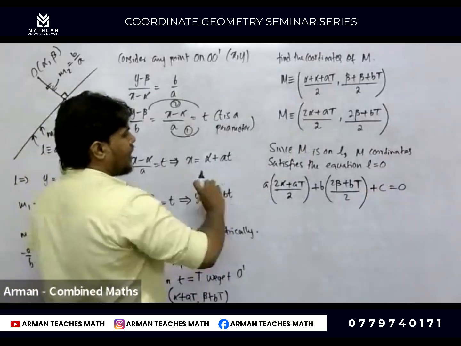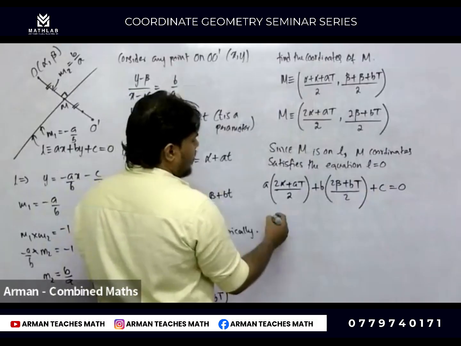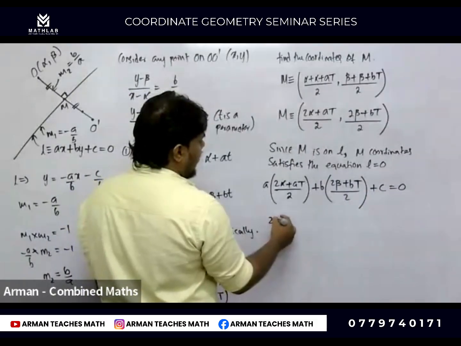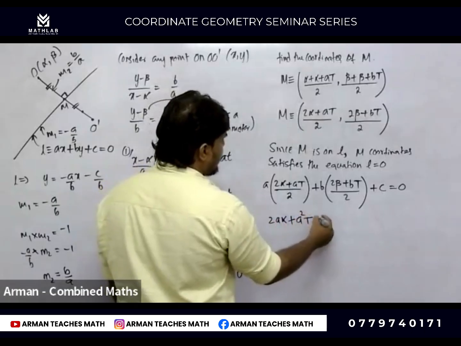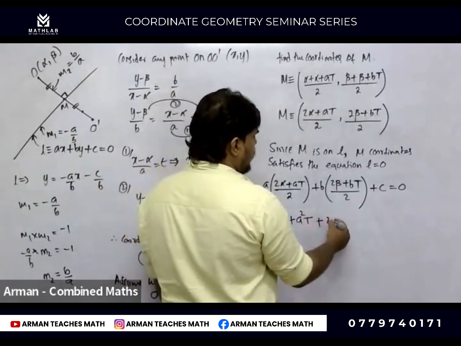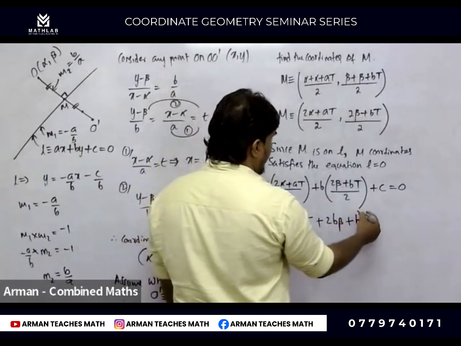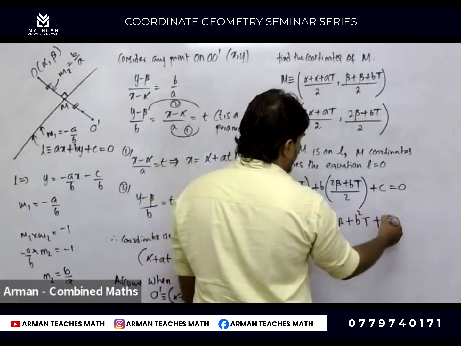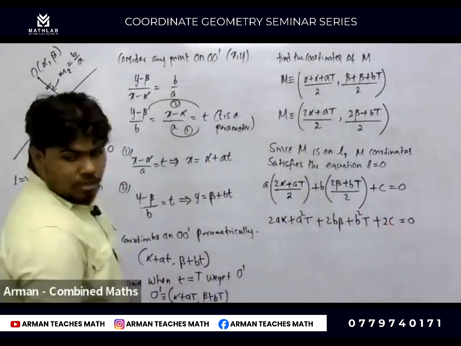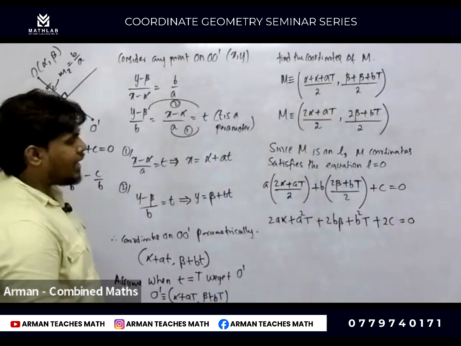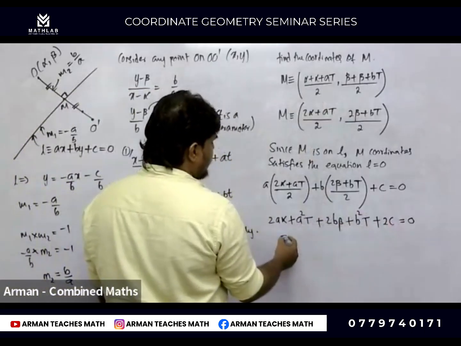Now multiply the entire equation by 2 and remove the brackets. We get 2A alpha plus A squared capital T plus 2B beta plus B squared capital T plus 2C equals 0. We'll take this capital T outside from A squared and B squared.